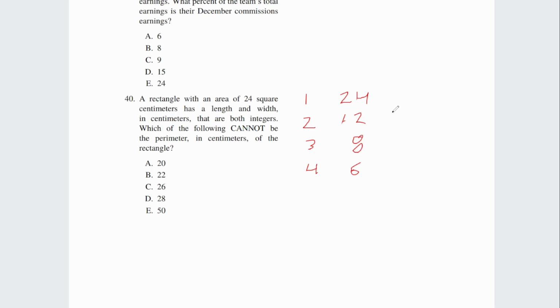So one perimeter could be 50, right? 1 plus 24, all times 2 is 50. 2 plus 12 is 14, times 2 is 28, so this is fine. 3 plus 8 is 11, times 2 is 22, and 4 plus 6 is 10, times 2 is 20. So the one that cannot be a perimeter is 26.